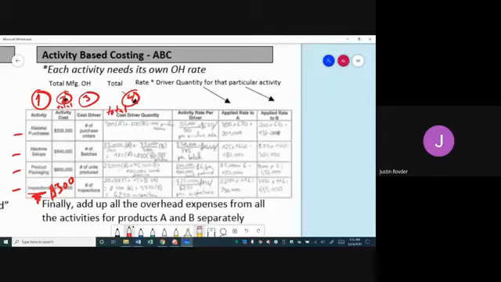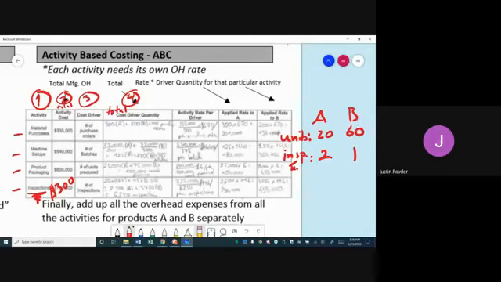In the case of inspections, they may say there are 2 products, product A and product B. They may say the units for product A are 20 units, so you're making 20 product A's and 60 product B's. And they may say the inspections per unit for product A are 2, so each product A requires 2 inspections, and each product B requires only 1 inspection.